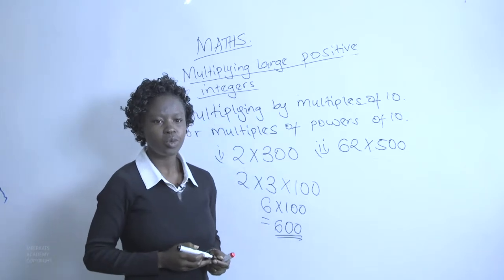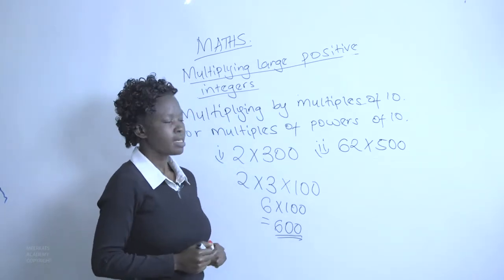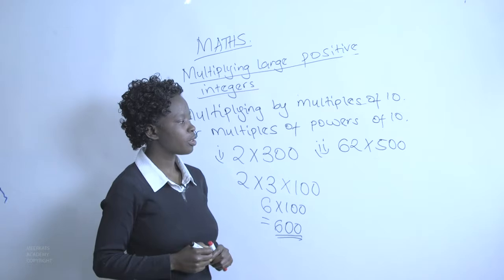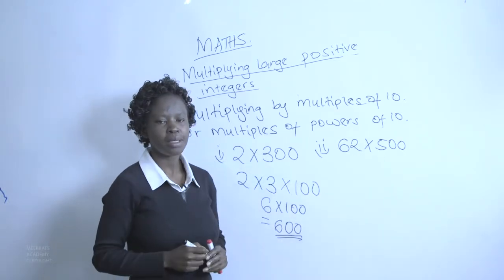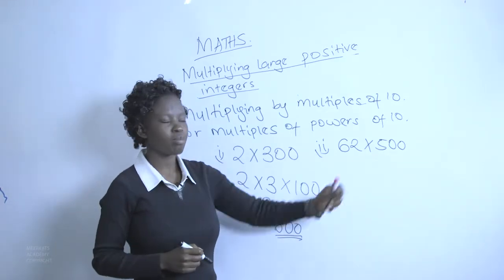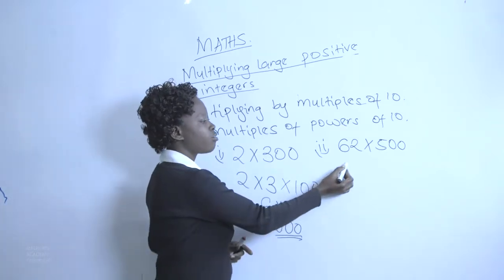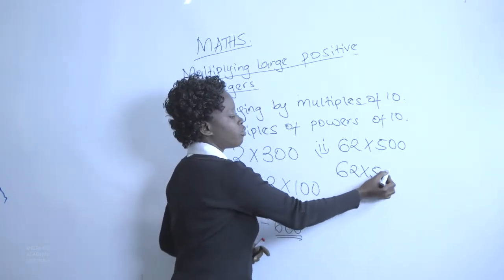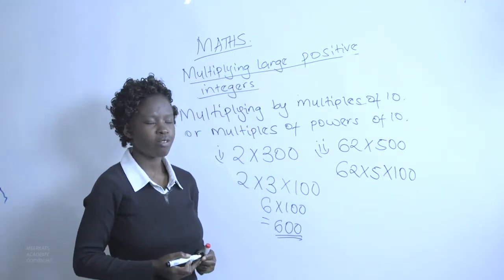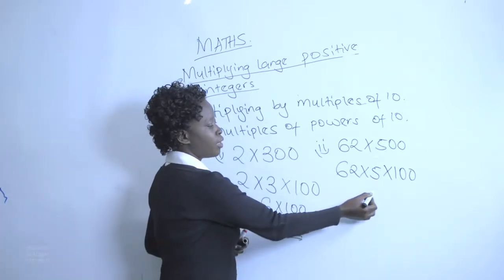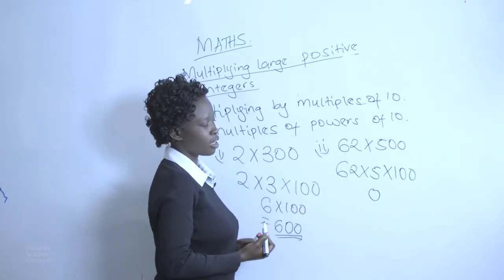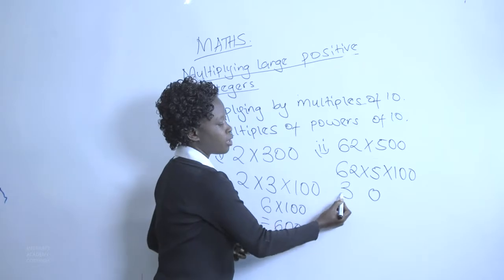Another example could be 62 times 500. 500 is still a multiple of 100, so we start by multiplying by the number before the zeros, which is 5. So we have 62 multiplied by 5, then times 100. 2 times 5 is 10, carry 1, then 5 times 6 is 30, plus 1, that is 31.